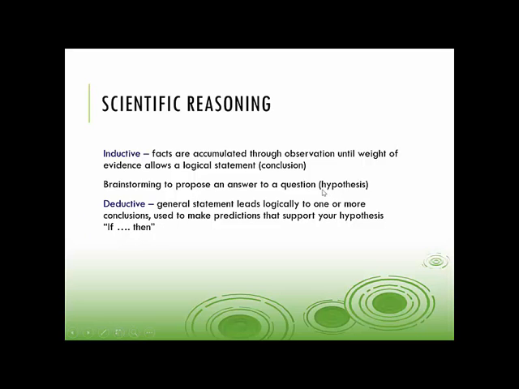We're past the if, then, and because stage. So your hypotheses must always include your independent variables and content. But you should be able to move away from the if, then, and because format of a hypothesis. Next, we have deductive reasoning. This is generally a statement that leads logically to one or more conclusions used to make a prediction that supports your hypothesis.